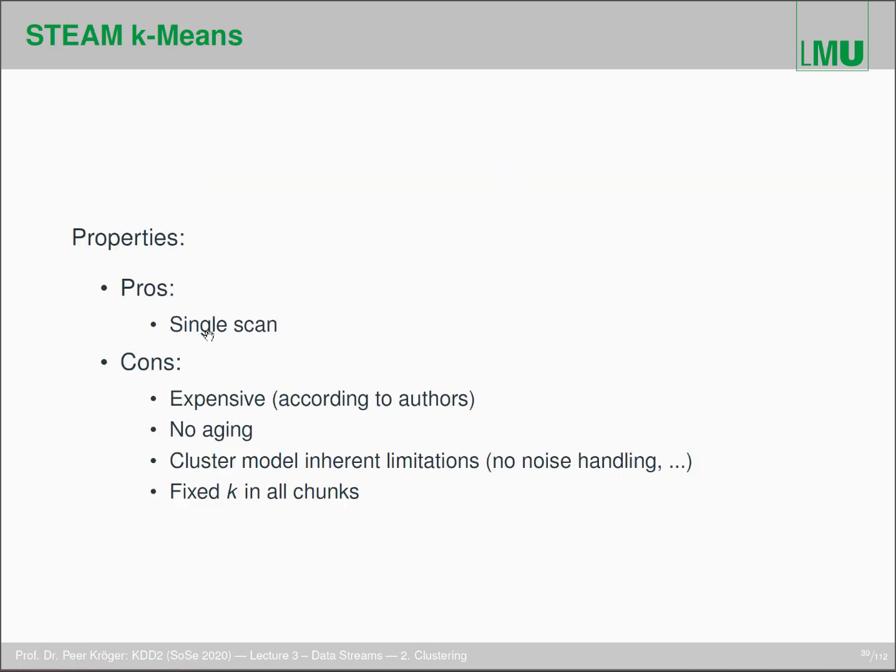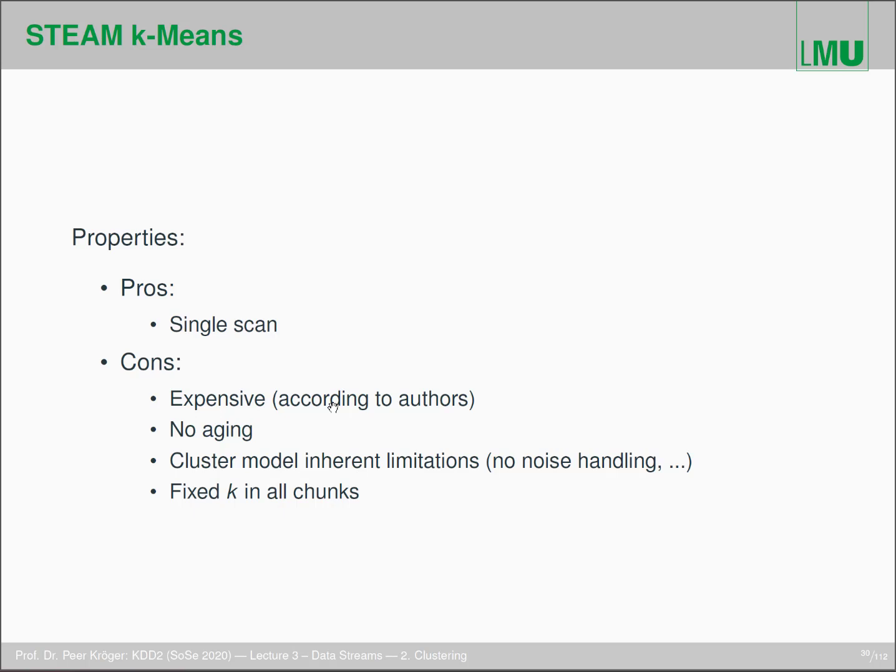Properties, again: it's a single-scan algorithm, so the whole thing should work for streams. However, at least the authors claim that it's expensive, and usually, as author of a research paper, you try to hide it if you think that your approach is expensive.